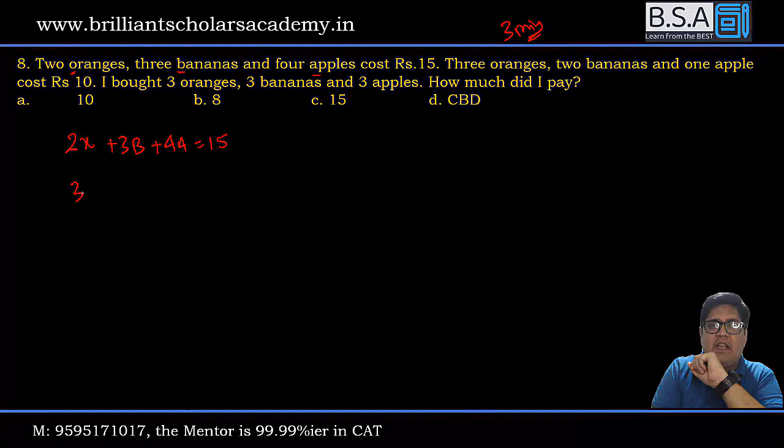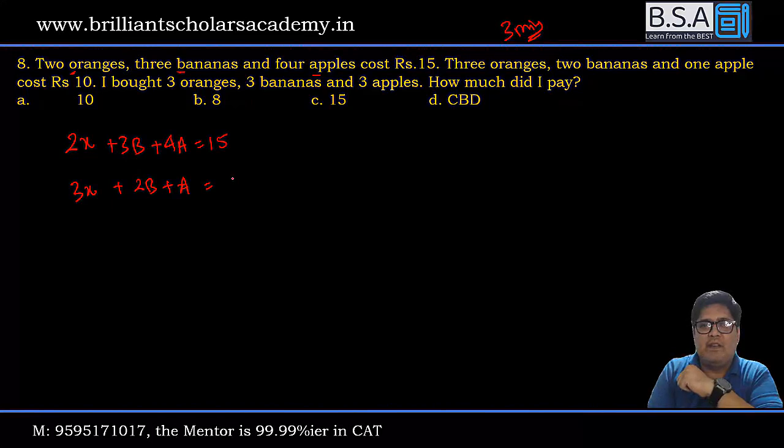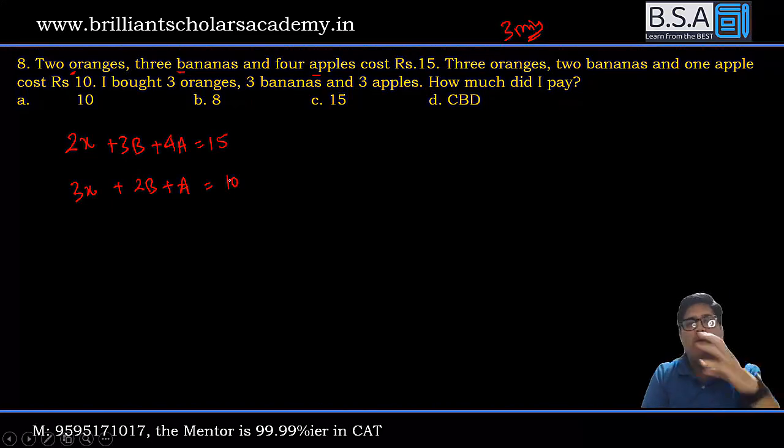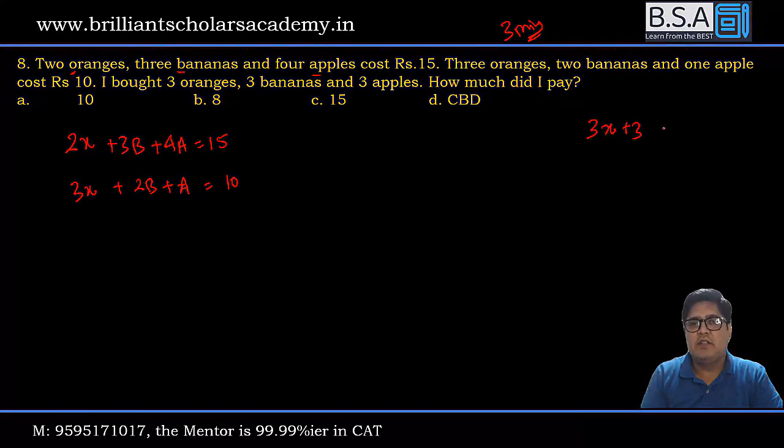We have 3 oranges, oranges is X, we have 2 bananas and we have 1 apple. The amount to be paid is ₹10. By modification of these numbers, what I'm looking for is the price of 3 oranges, 3 bananas and 3 apples. This is what I'm looking for.